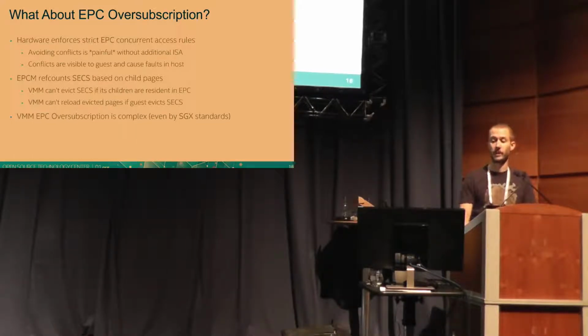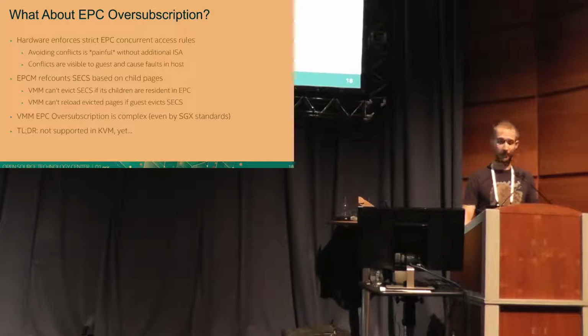So the big danger from the VMM perspective is that you evict all the pages, and then the guest manages to evict the SECS from under you. You can't pull back in the rest of the enclave's pages. So EPC oversubscription without hardware support is beyond complex, even by SGX standards. So it's not supported in KVM yet.